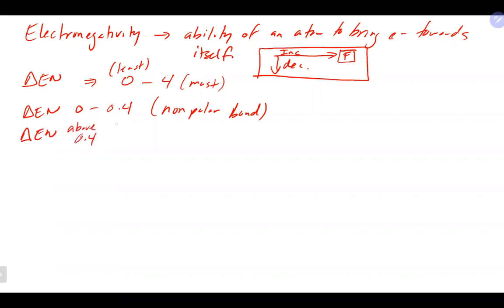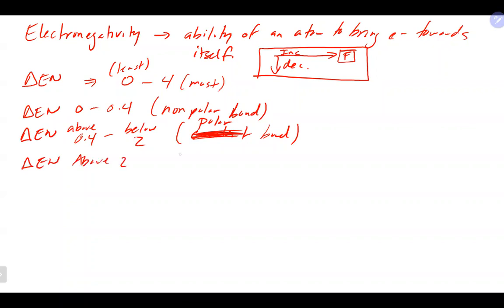A difference of 0.4 to below 2 is going to result in a polar covalent bond, really a polar bond, and that's going to result in unequal sharing. That creates a positive side and a negative side to the bond. Typically speaking, anything above 2 will usually be ionic.